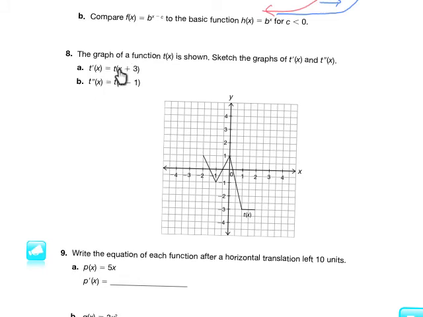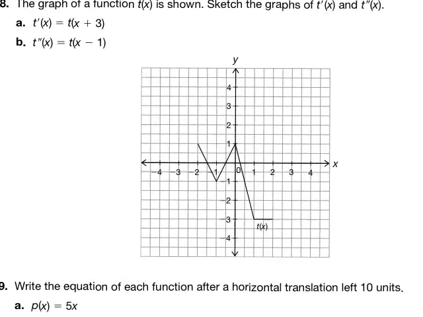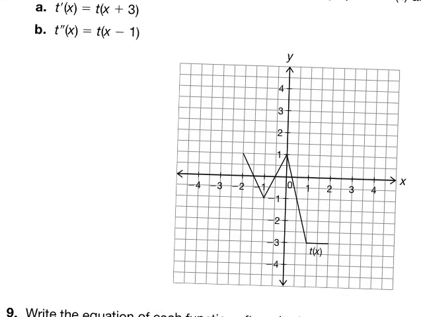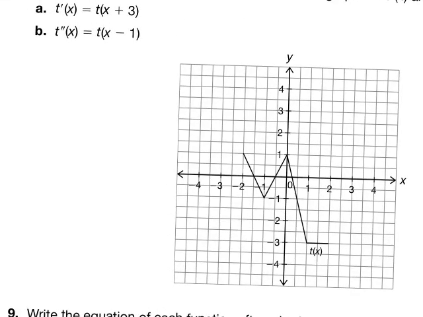This one says, whatever you're going to do, you're going to add 3 to the x's. Remember the idea, it says plus 3, and it's inside of the function, so I'd better move it to the left 3. I'm going to zoom in on this one and pick some points. I'm going to pick this point and move it 3 units to the left. 1, 2, 3. Then this point, 1, 2, 3.